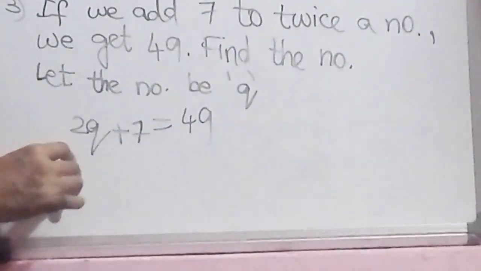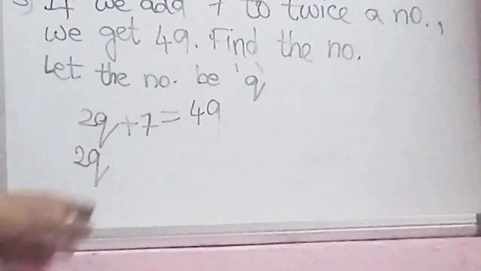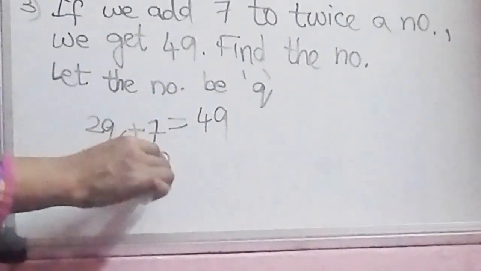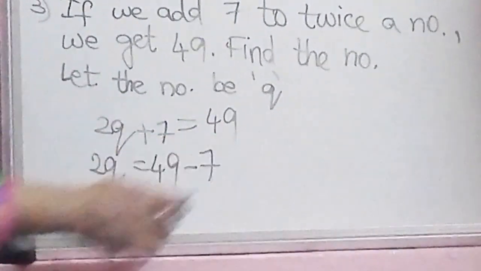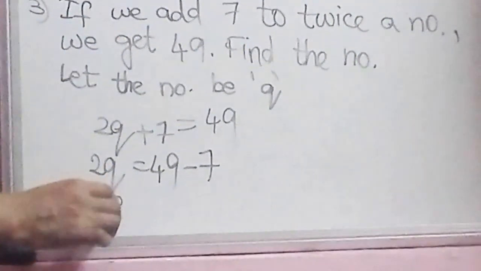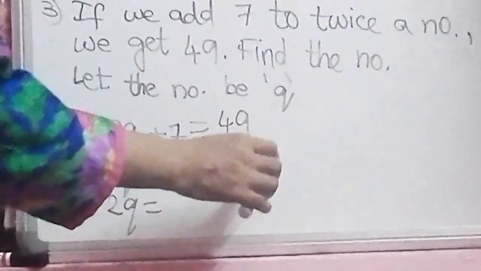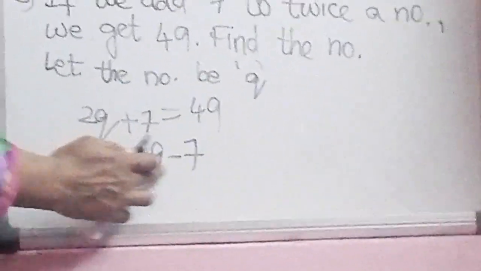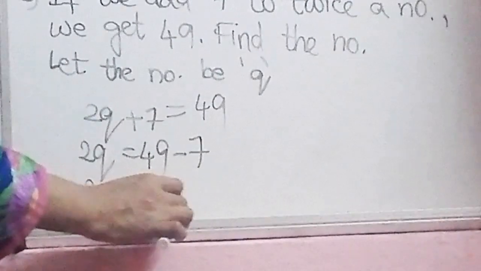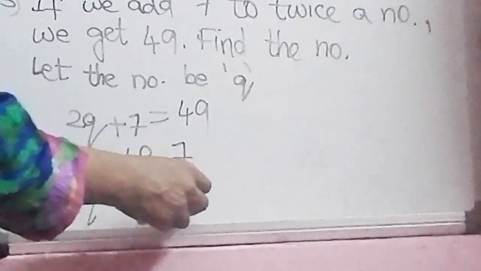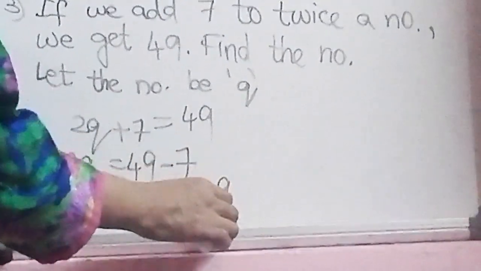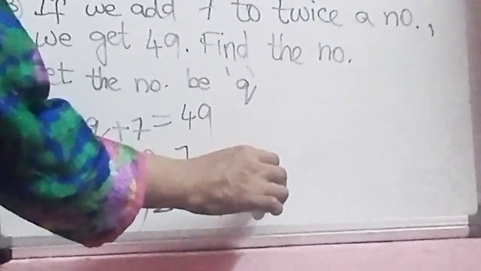Now use the transpose method. 2Q is equal to 49 plus 7. When it goes to the other side, it becomes minus 7. 2Q is equal to 49 minus 7. 9 minus 7 is 2. 4. 42 you got. So this implies Q is equal to 42.